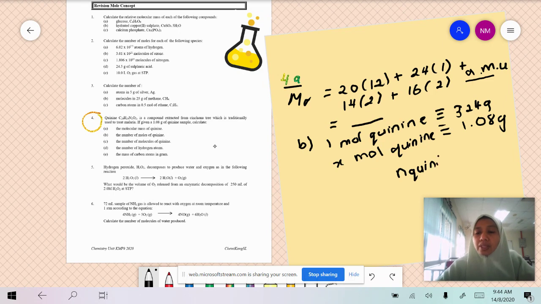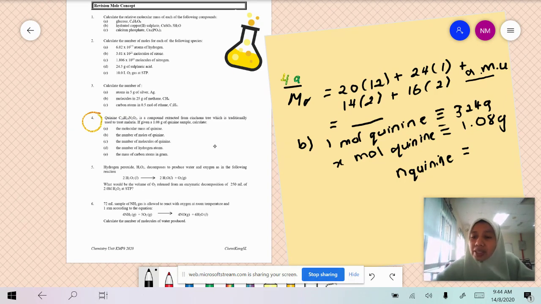I think we have seen this in class before. Quinine is 1.08 times 1 over 324 grams. Or sometimes you are so used to using the formula mass over molar mass, so you can also use that formula but be familiar with this kind of writing.